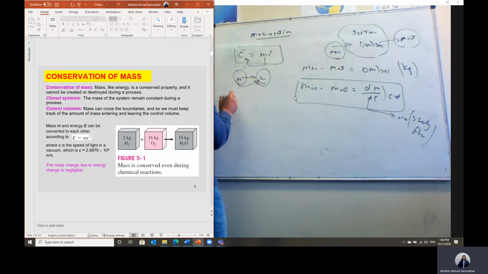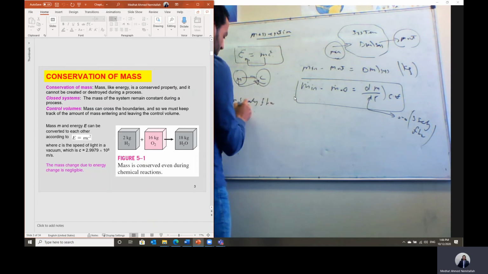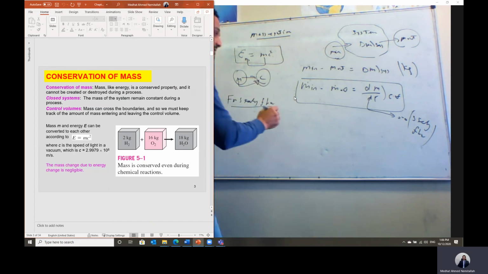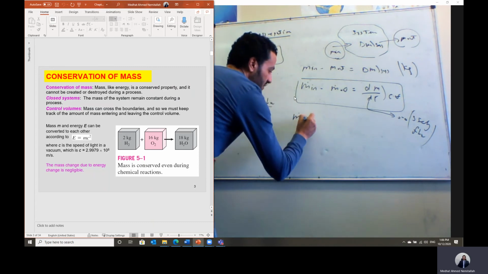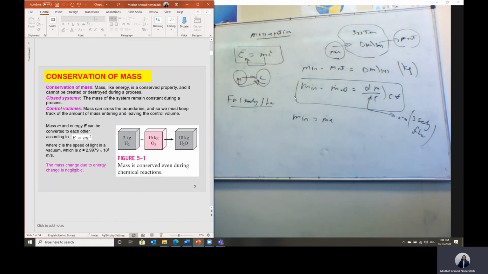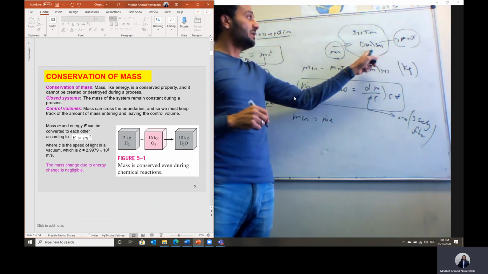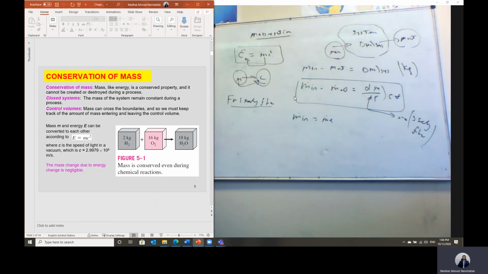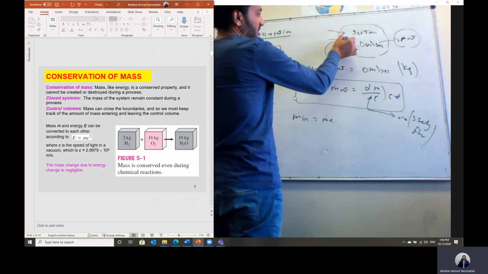So for a steady flow open system, the mass flow rate in will equal the mass flow rate out, and we don't have any accumulation of mass within the system.